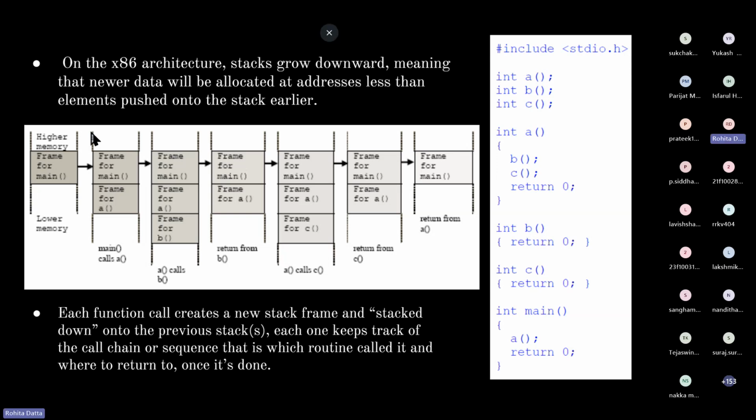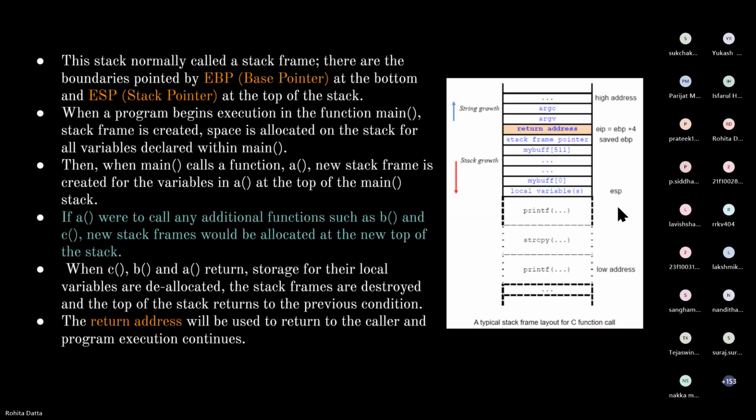So this is roughly what a stack will look like. It's growing from higher memory to lower memory. Space is allocated for functions that were called last, and then it's deallocated and it goes back to what it originally was. You have the EBP, which points to the bottom of the stack, and the stack pointer, which points to the top of the stack.